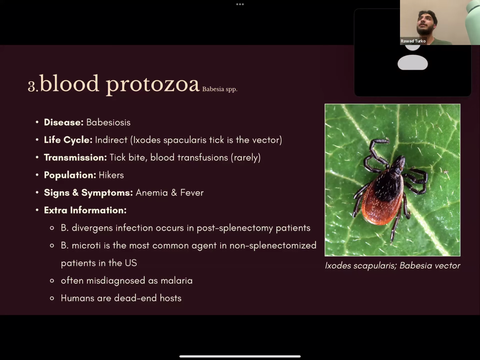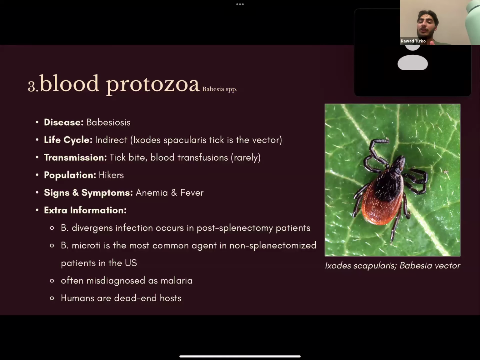And that's because the spleen, as you guys know, basically takes out infected RBCs or RBCs that are abnormal. So it clears them from the circulation. In post-splenectomy, you no longer have a spleen to clean up all of your blood. So you would get these infections much more often, specifically from divergens. Babesia microti is the most common agent in non-splenectomized patients in the US.